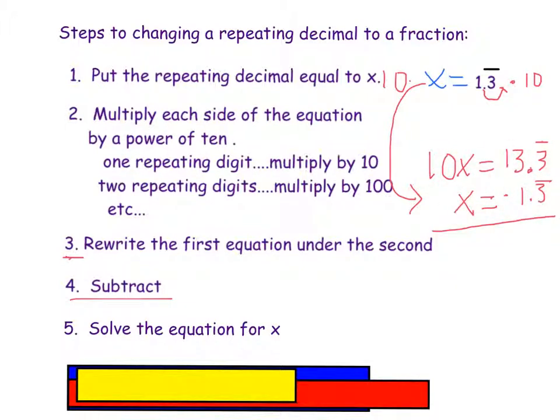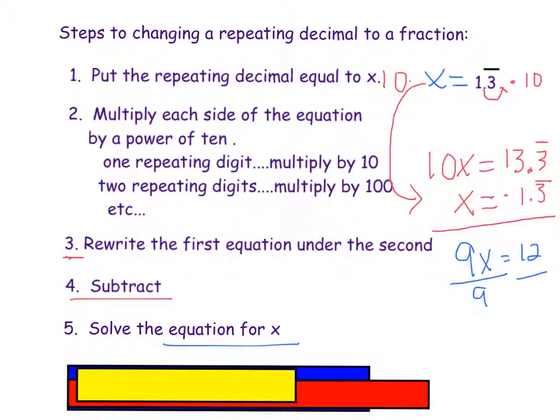That gives me 10x minus x is 9x. It's like if you have 10 apples and you subtract an apple, you have 9 apples left. And 13.3 repeating minus 1.3 repeating, well, the 0.3s cancel out, so it's just 13 minus 1 is 12, and you divide by 9 to solve the rest of the equation.